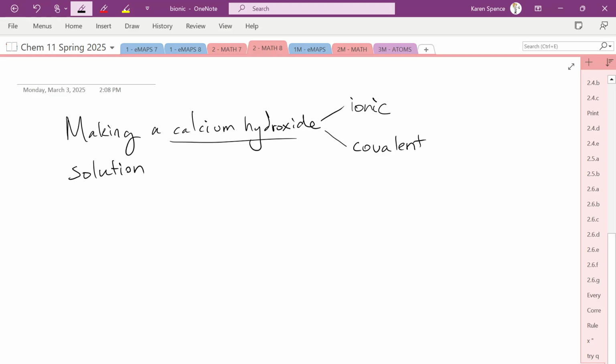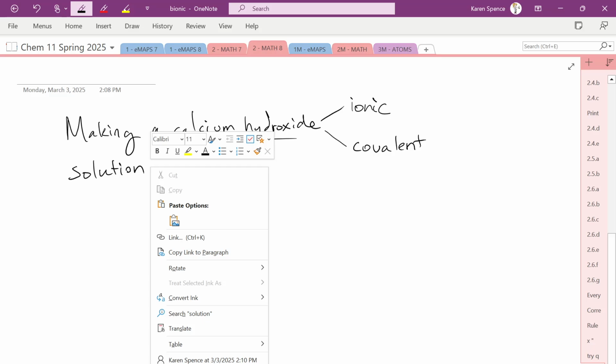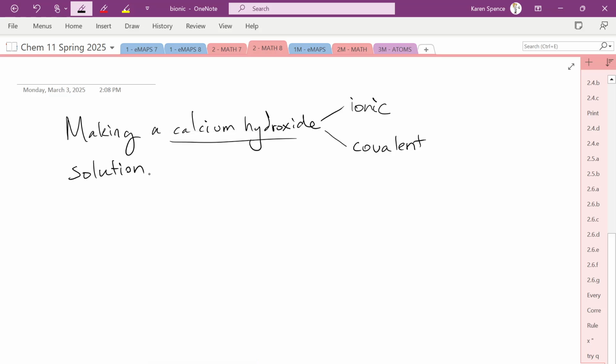But no charges. Nope, you don't get charges this year, because you can figure them out. Don't worry, we'll get there. So, look on your periodic table for calcium, please.